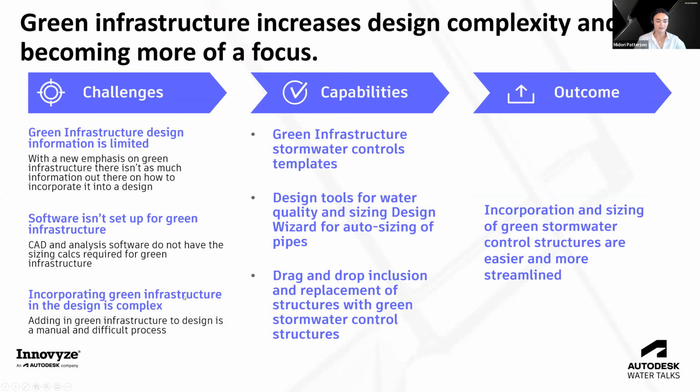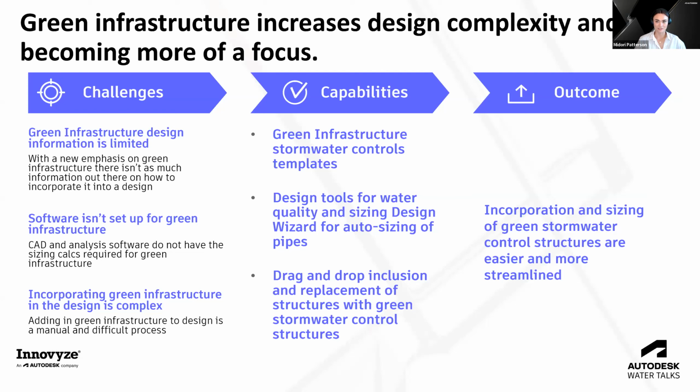And then lastly, incorporating green infrastructure increases design complexity. Obviously, having a detention pond off to the side of your site is really simple. You can store a lot of volume that way, and you're not going to get that same volume storage with just one small curb bump out bioretention cell.